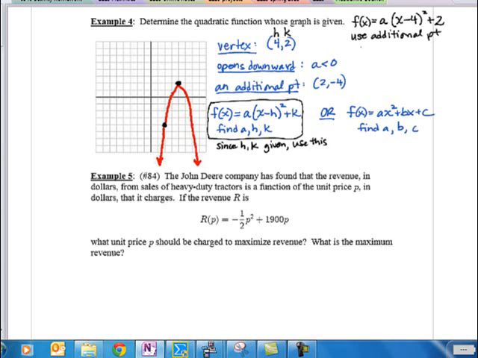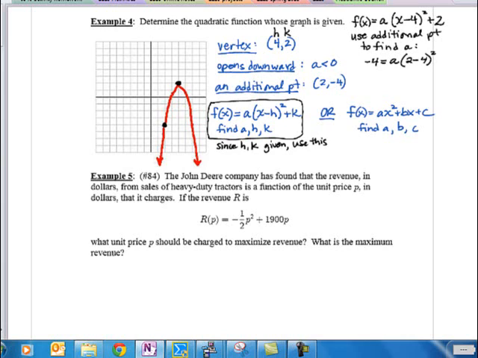So what we'll do is we'll fill in 2 for x and negative 4 for f of x, because when x is 2, the function value is negative 4. We don't know a, so we'll leave it like that. Fill in 2 for the x, and then we'll solve for a.